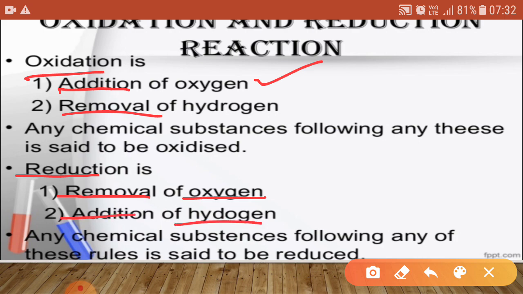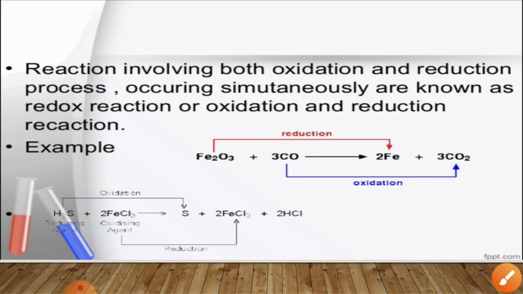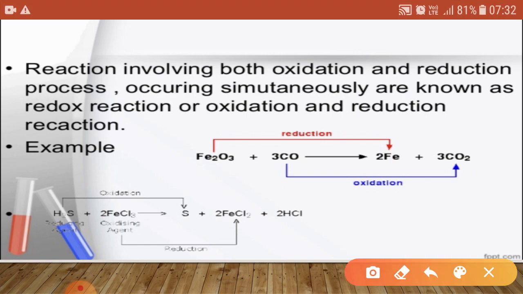So basically these are the two terms used in the redox reaction, and on this basis we can also define the redox reaction. Redox reactions are reactions involving both oxidation and reduction processes occurring simultaneously. So those are known as redox reactions.